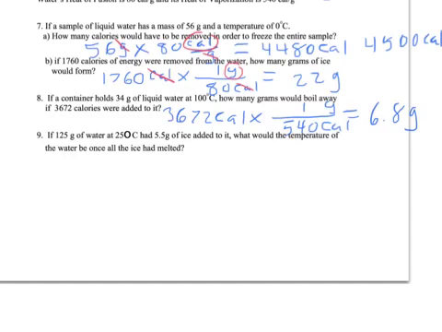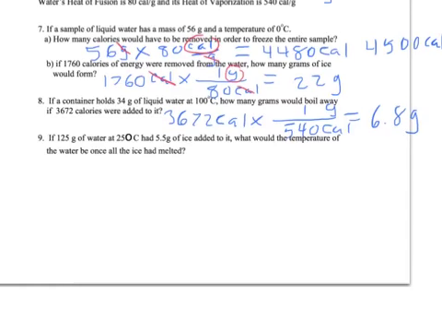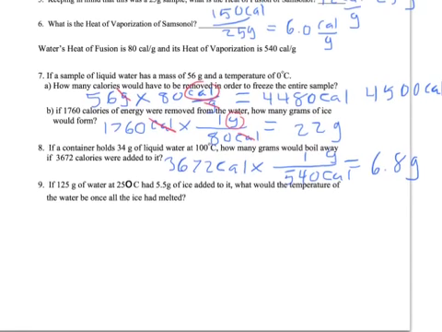And the way I'm going to do that is I'm going to keep in mind that the heat of fusion, since we're talking about melting a crystal, is 80 calories per gram. So I'm going to say I have 5.5 grams of ice.